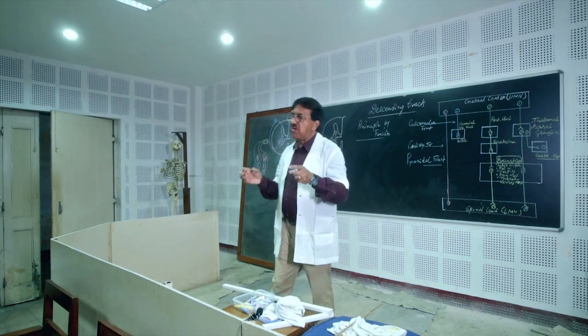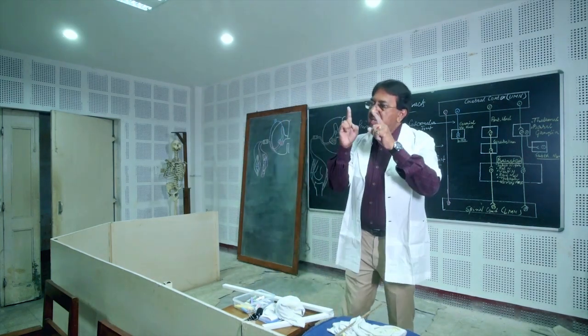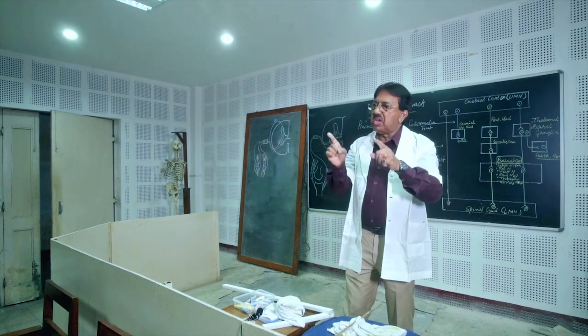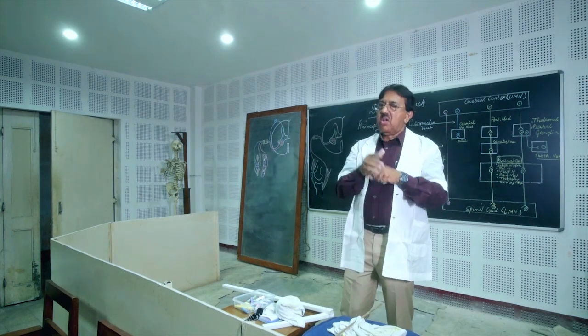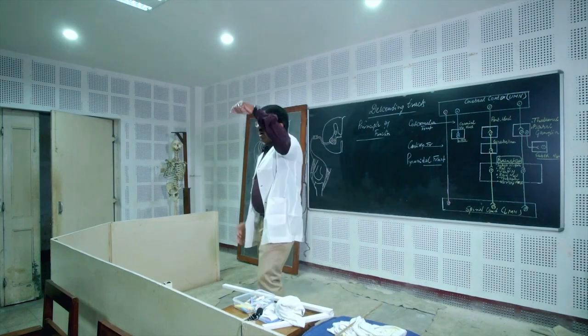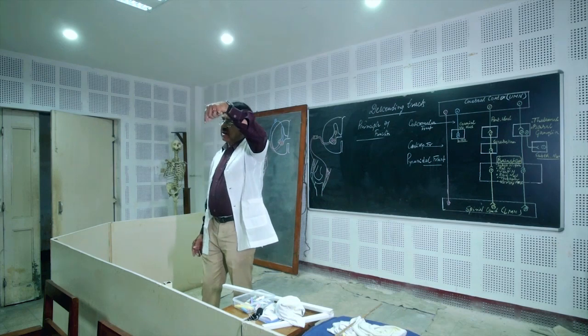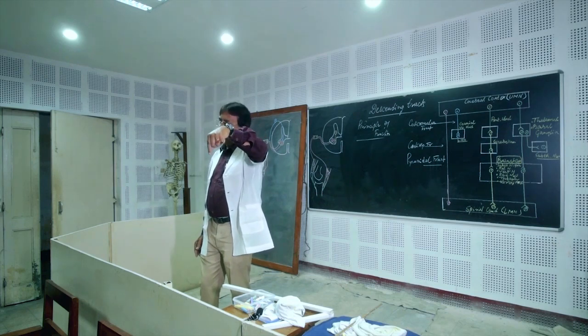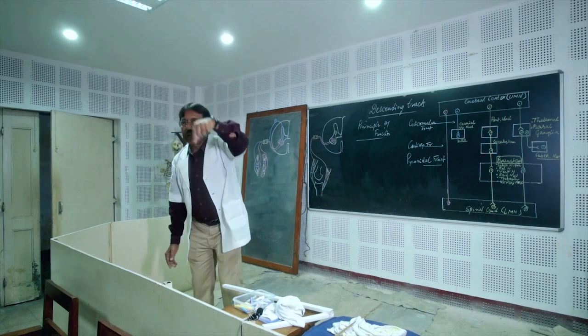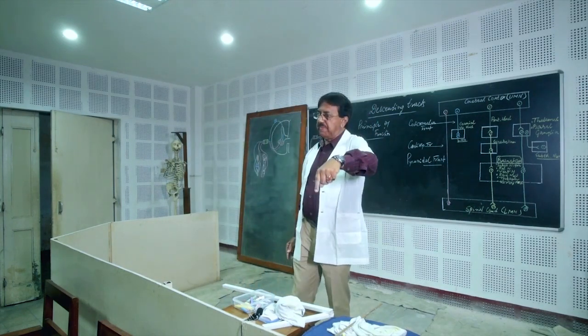All the muscles of the body in our living condition are present in a partially tonically contracted state, which is known as the tone of the muscles. So the principle of function is that it is not only voluntary movements, it is voluntary movements plus at least a minimum tone of the muscles, which is also essential.